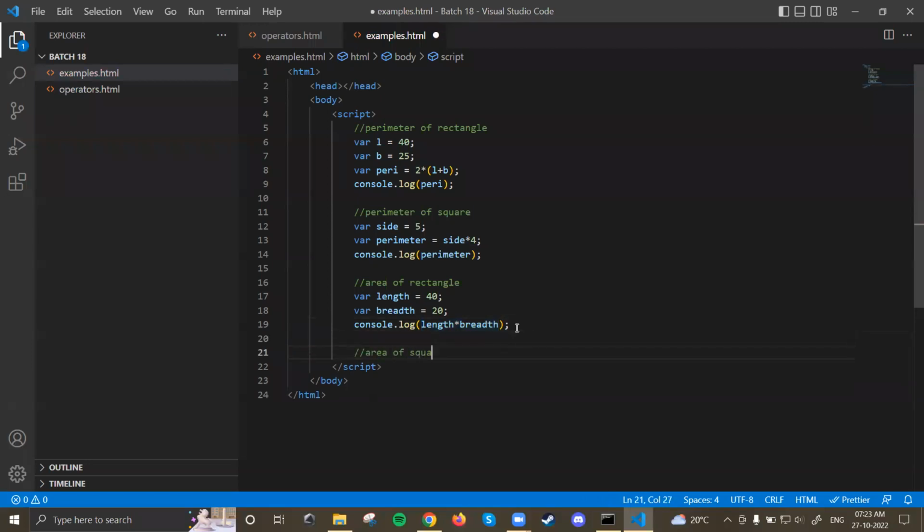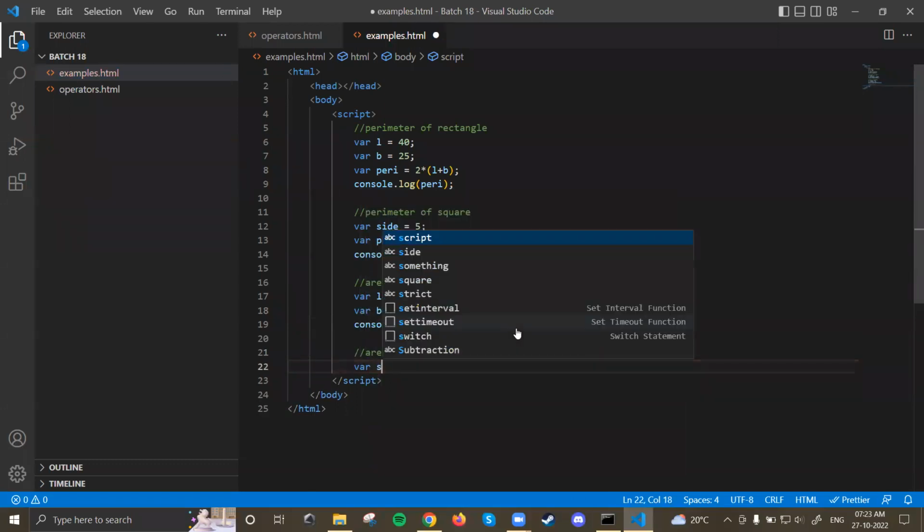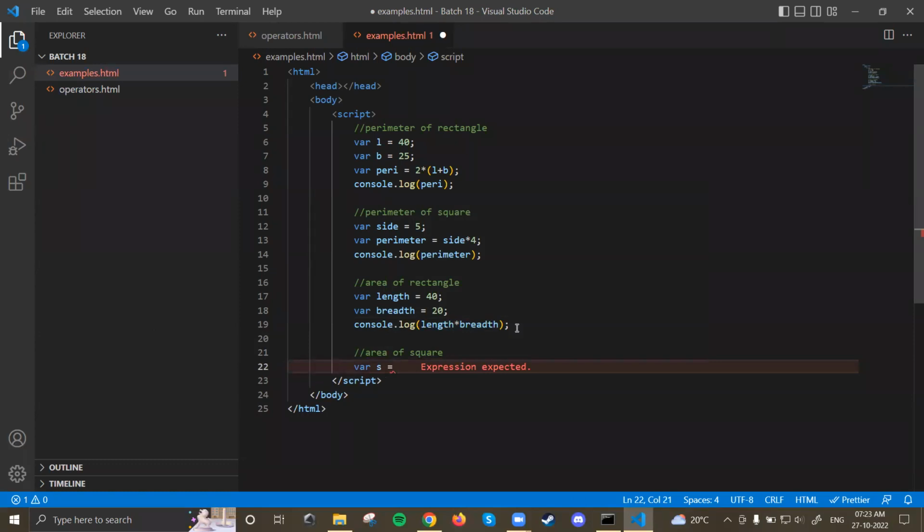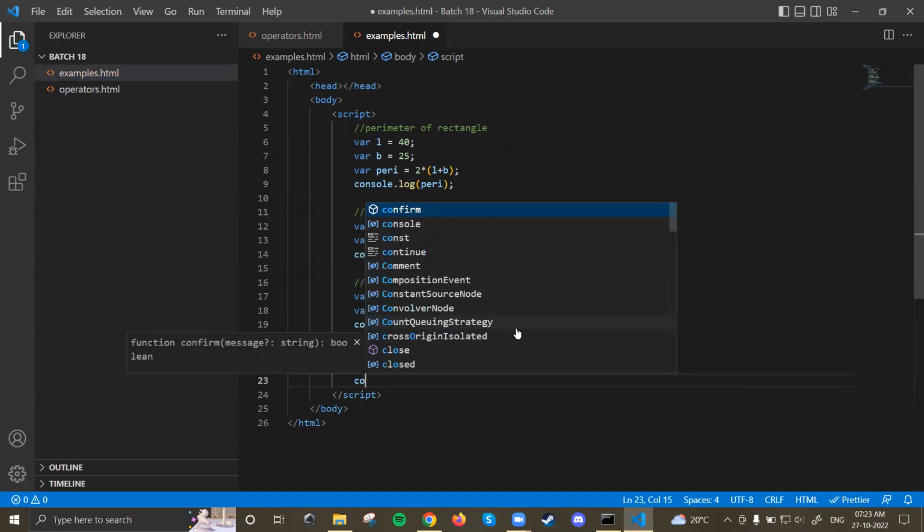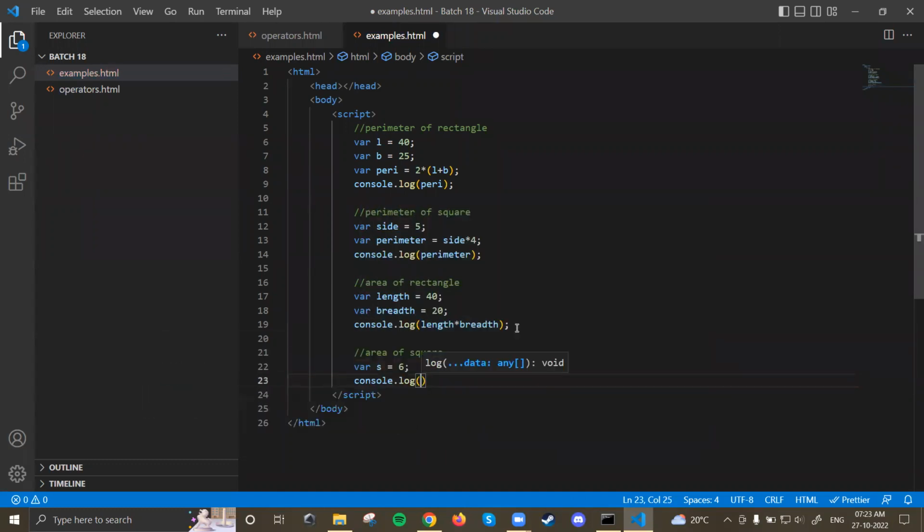Okay, fine. Then area of square. So where side is equal to 6, for example, then console.log of, what will be the area of square? Can you tell me? How to find the area of square?